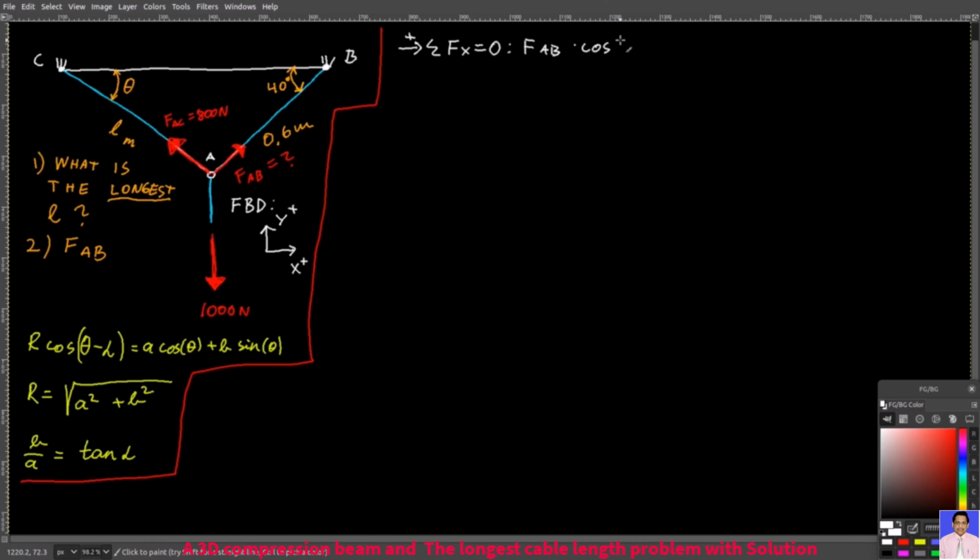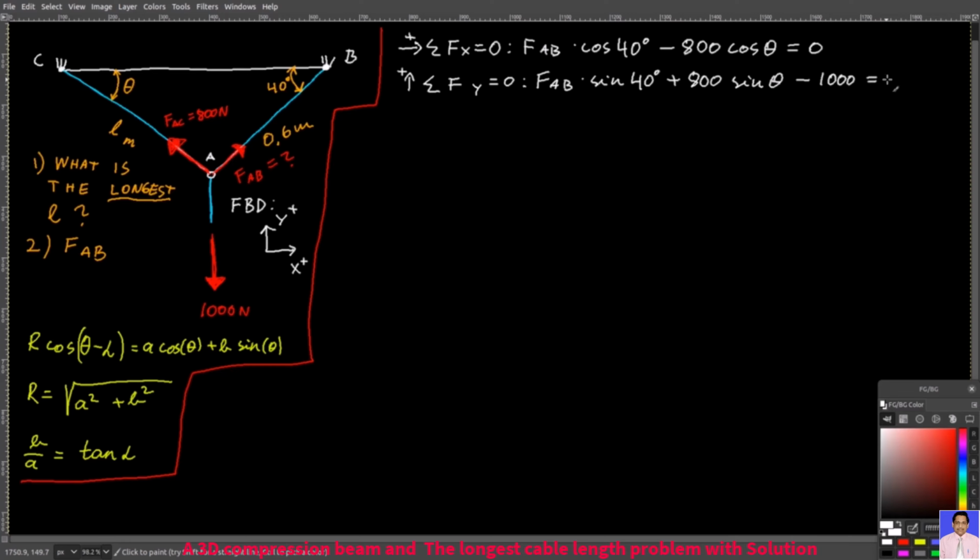You will have FAB times cosine 40 degrees minus 800 times cosine theta, and that must be 0, of course. And the same thing in the y direction. FAB times sine 40 degrees plus 800 times sine theta minus 1000, and the sum must be 0.